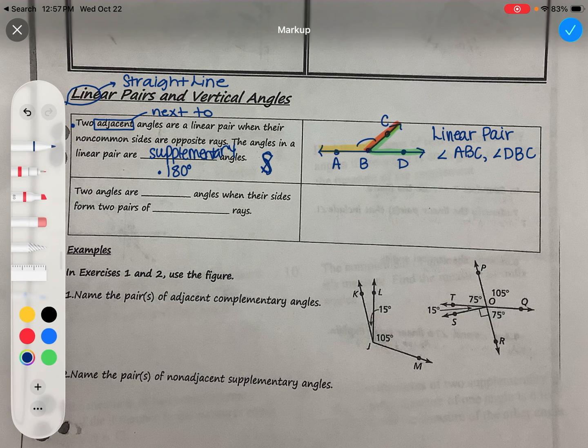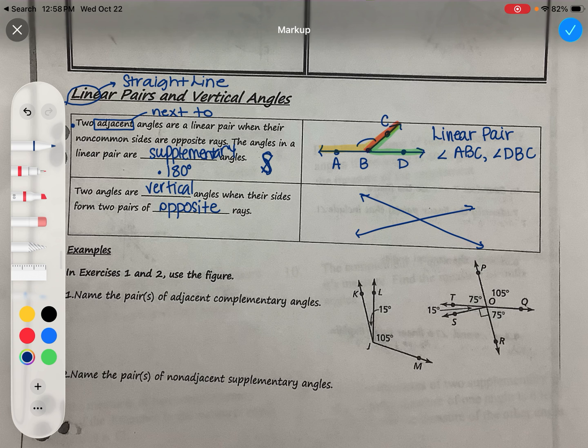Next, we have vertical angles. Simple but often forgotten about. 2 angles are vertical angles when their sides form 2 pairs of opposite rays. So I want you to think of an X like that.